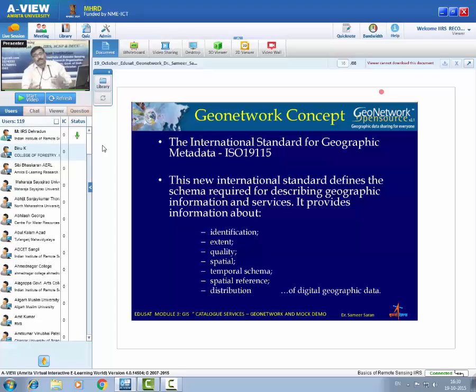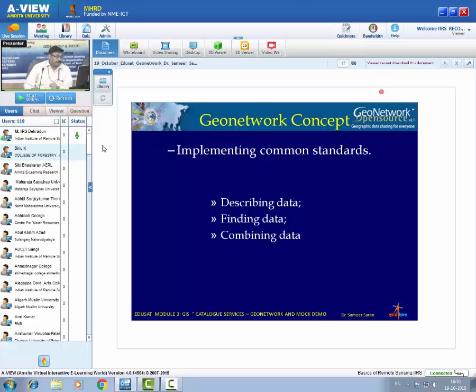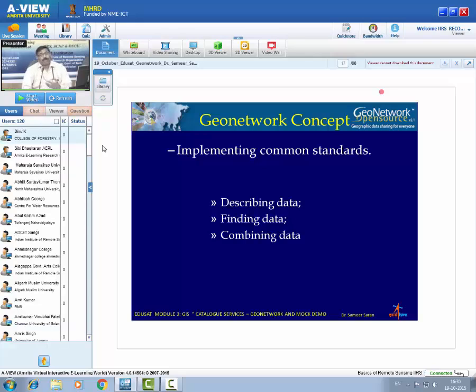All those are elements where you have to fill in the information about your geospatial data. After filling in that information under ISO 19115, ISO 19139, FGDC, or Dublin Core, there are four or five standards given in GeoNetwork which allow you to create the metadata of any raster or vector data.